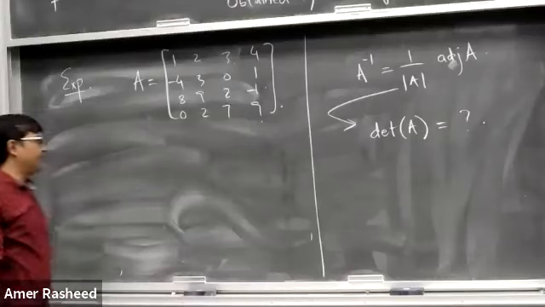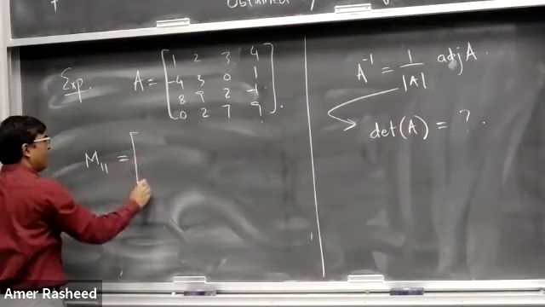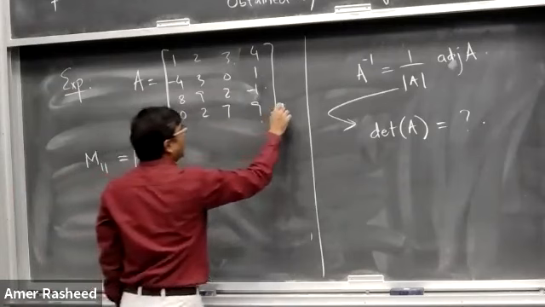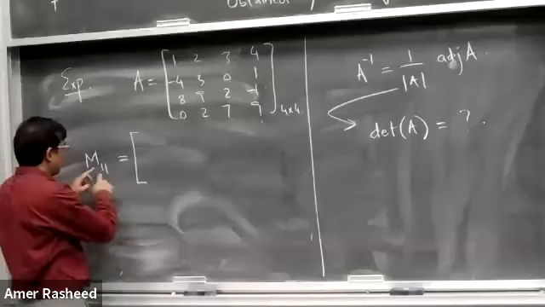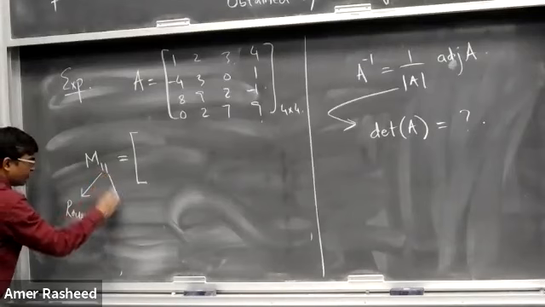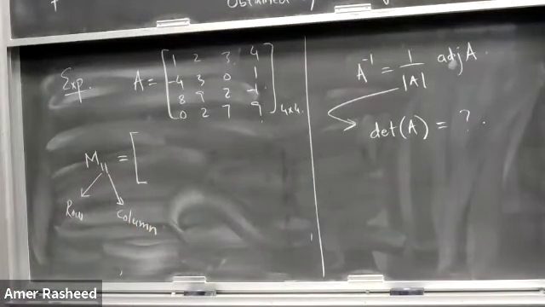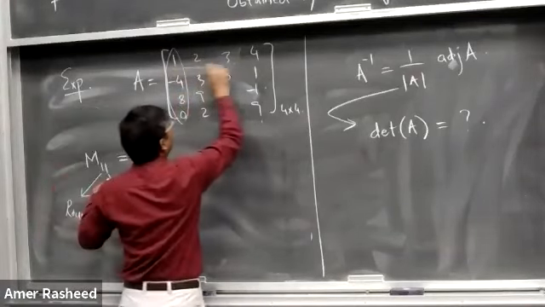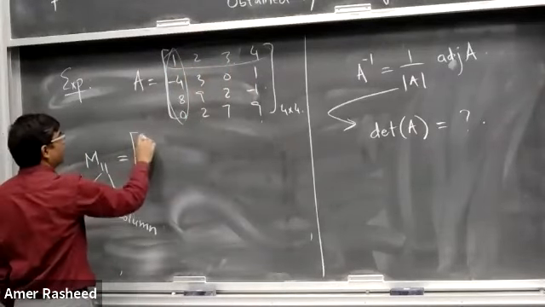Now, what will be M11? M11 is a square matrix of order 3 cross 3. The first row and first column are the ones you are going to delete. You delete these two things and write the rest of the matrix.